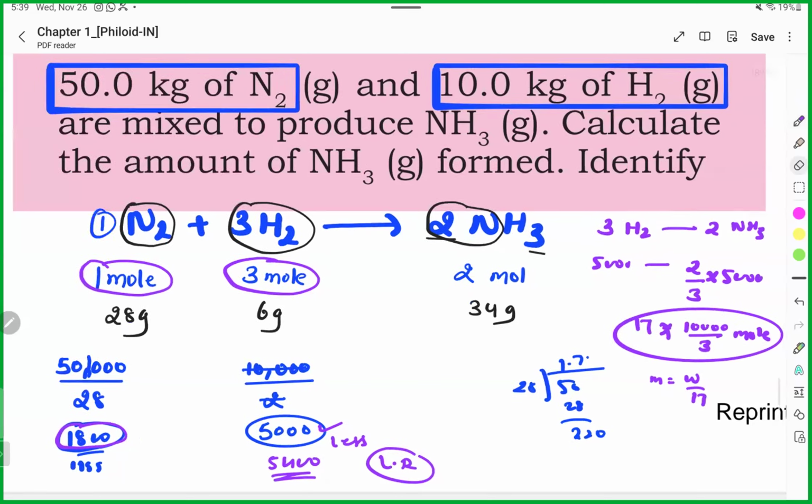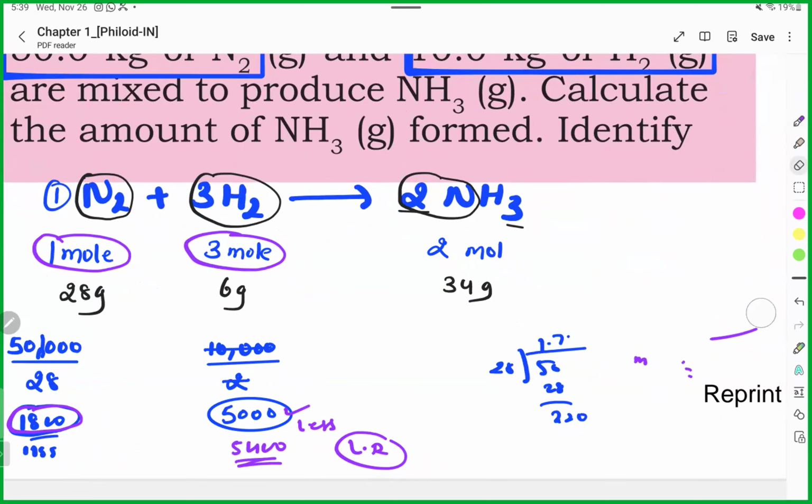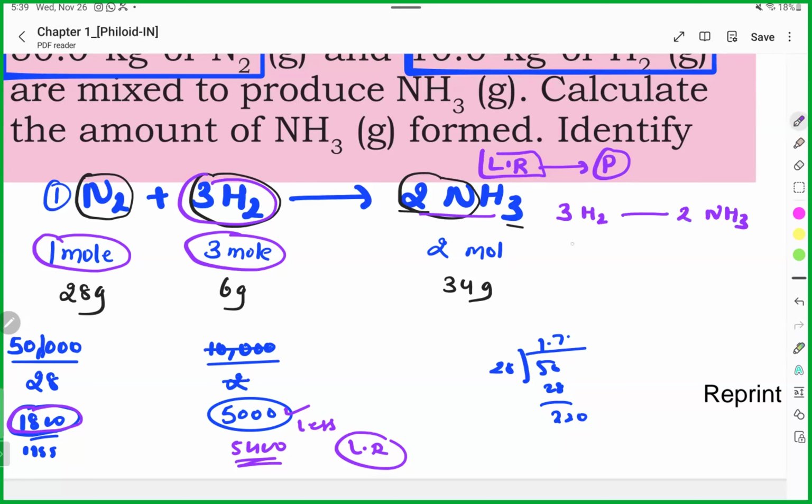Sure. According to this situation, only the limiting reagent will decide the amount of product. In this case, hydrogen will decide the amount of ammonia, not nitrogen. You know, 3 moles of hydrogen produce 2 moles of ammonia. By the unitary method, 1 mole will produce 2 by 3, and 5,000 moles of hydrogen will produce 10,000 by 3, which is 3,333 and so on.